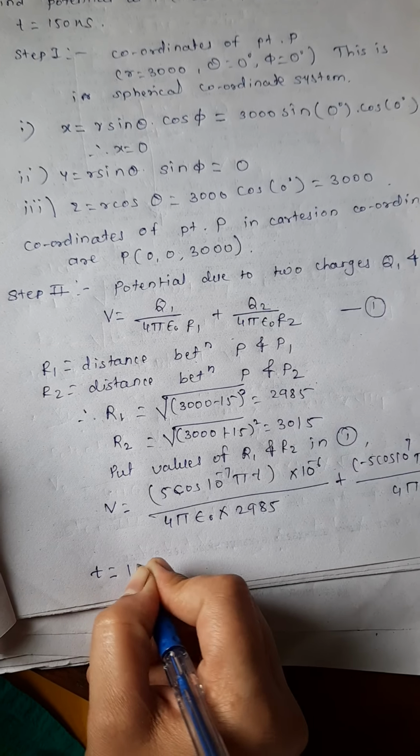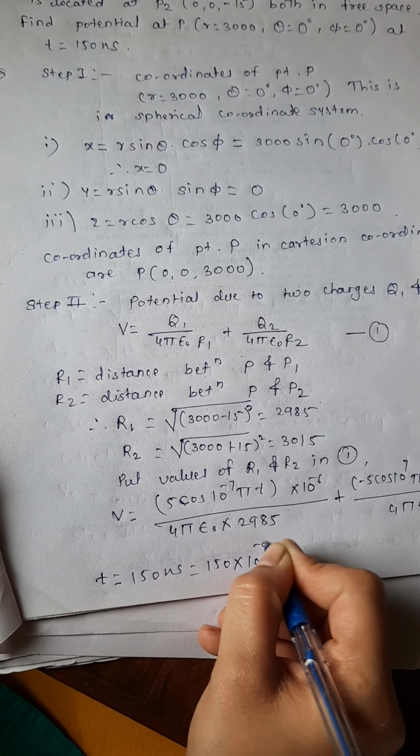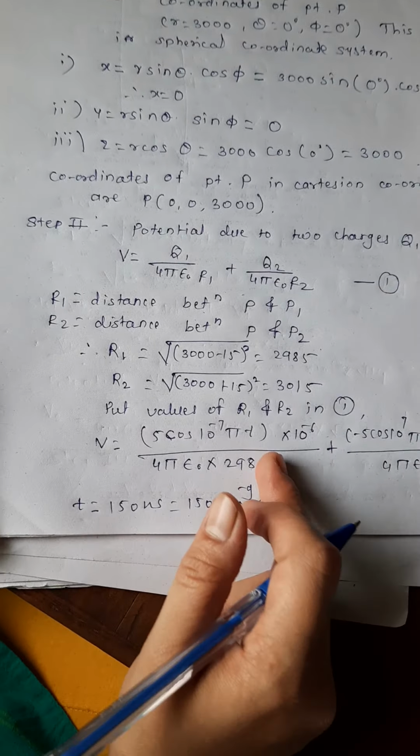So what is t? t is given 150 nanosecond, that is 150 into nano means 10 raised to minus 9 second. So we substitute these values here.